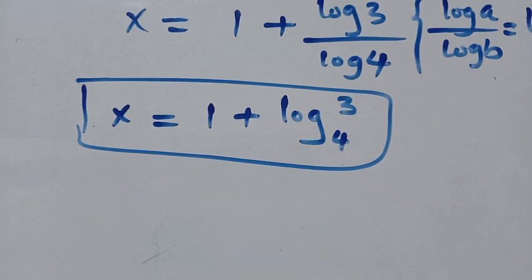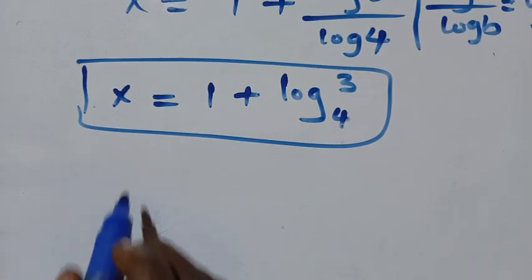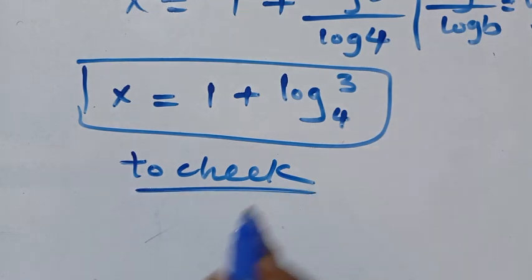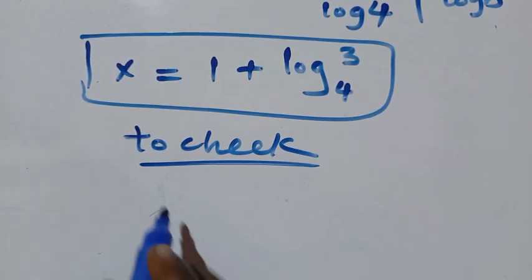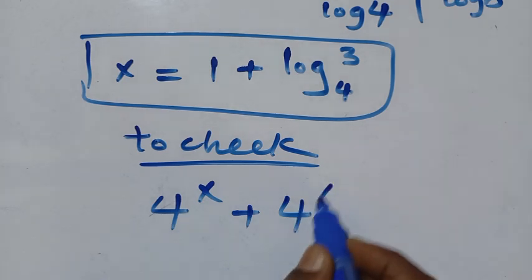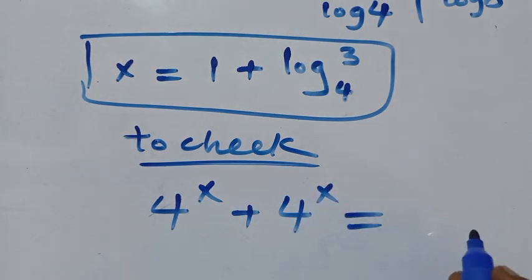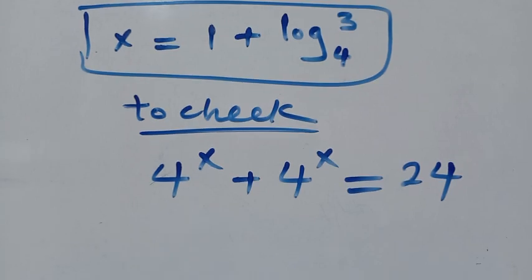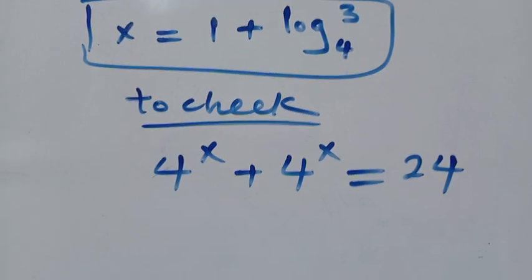Now we have to verify if this is equal to the question. So let's check. We are given 4 power x plus 4 power x equals 24, and I want to verify if these two sides are equal.